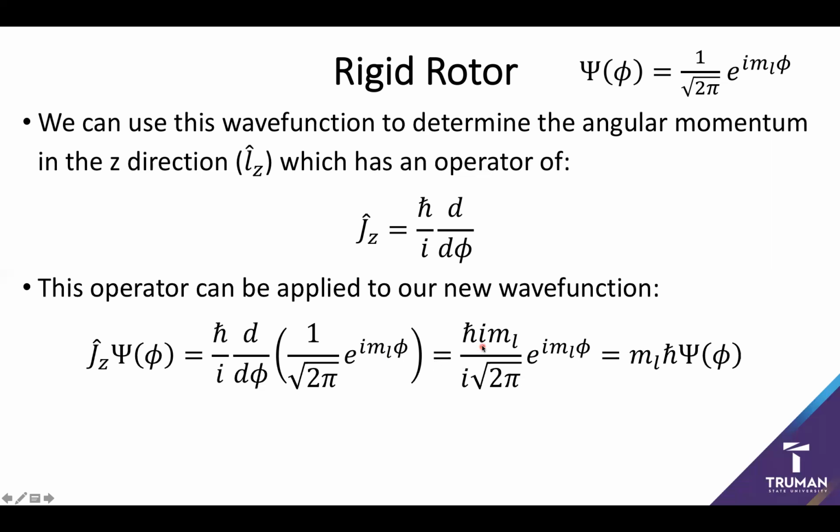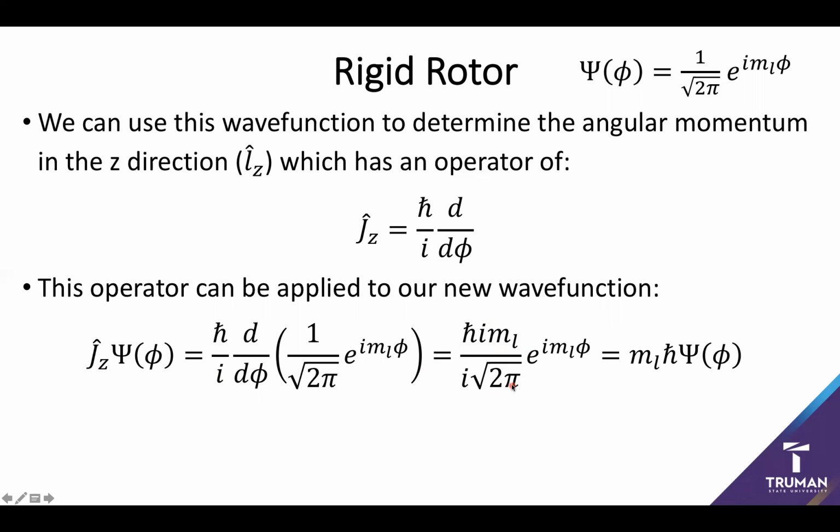So from here, I can then look for cancellations. We now introduced an i, so that's going to cancel out with the i brought on as the prefactor for the operator. And we're just left with h bar m sub l over the square root of 2 pi.